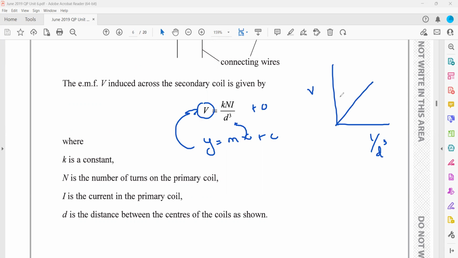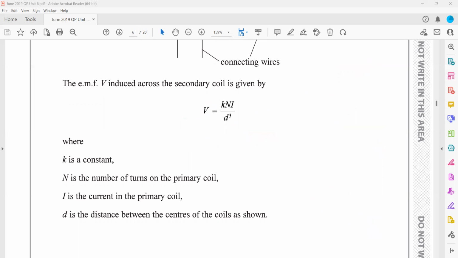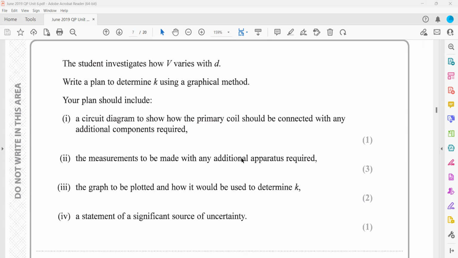This will be a straight line passing through the origin, and the gradient of this line will be equal to KNI. After knowing the gradient, gradient divided by NI, the number of turns and the current, we can find the value for K, as we compare with the equation of a straight line. So the first part, that is the overview.